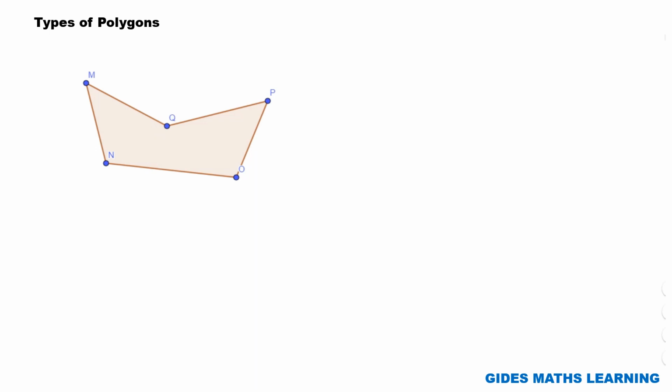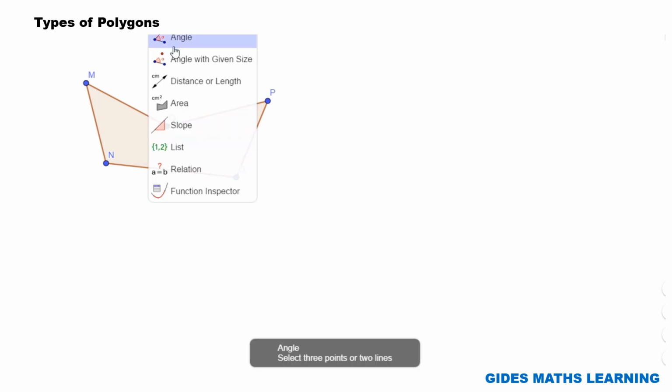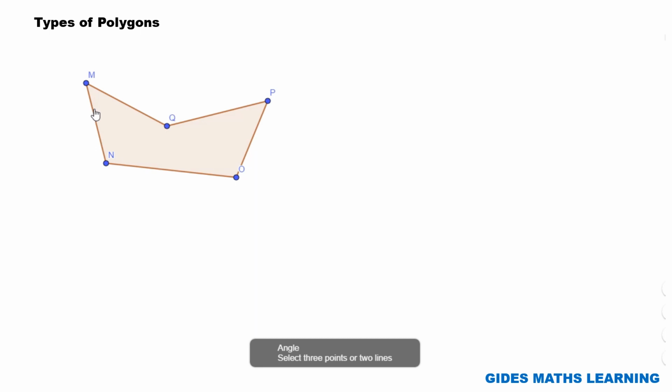The emphasis is at least one of the interior angles being 180 or more. So let's measure the angles. This is 48.02.